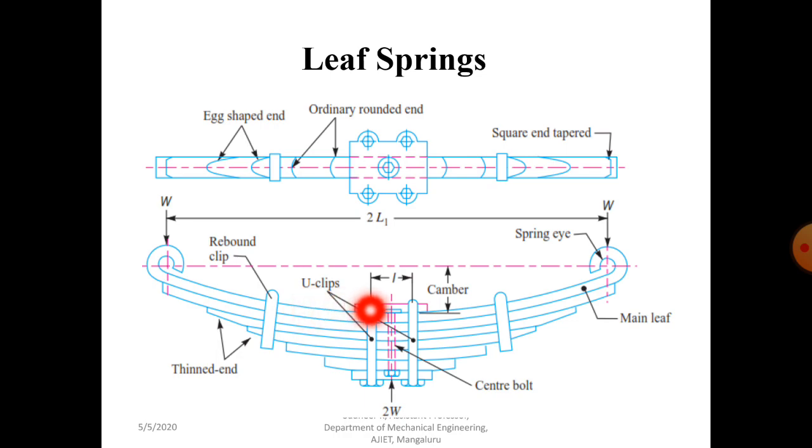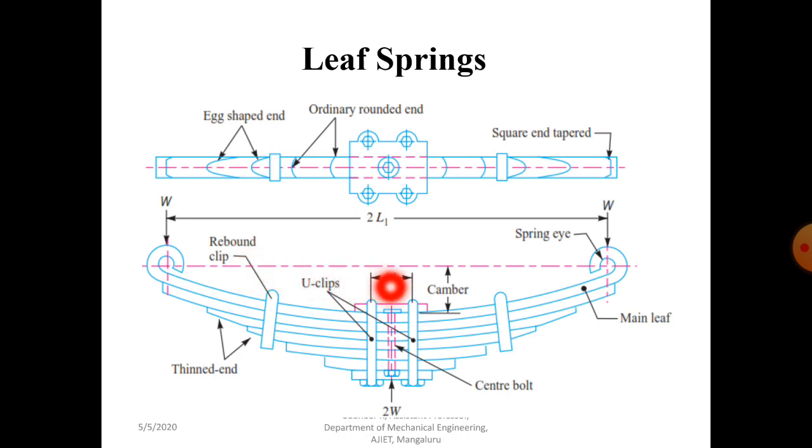Ribbon clips are provided to keep the leaves in alignment and prevent lateral shifting of the leaves. This is called the ribbon clip. Otherwise the leaves will move in the lateral direction. In order to prevent that, this type of clip is used, called the ribbon clip.